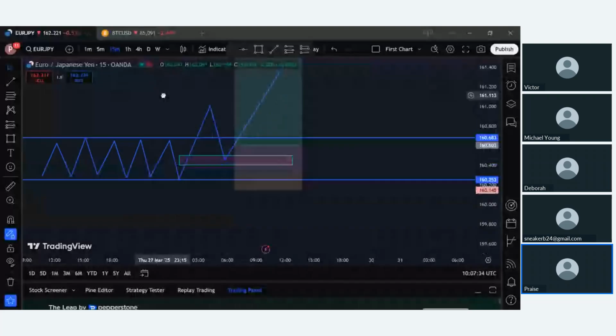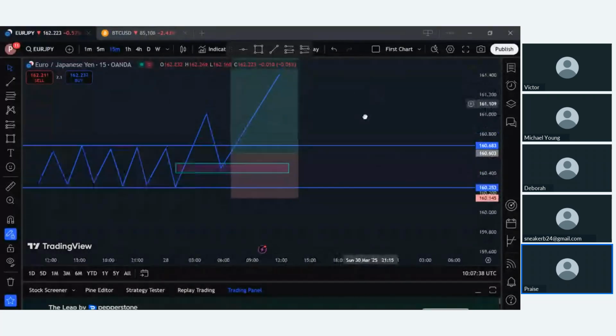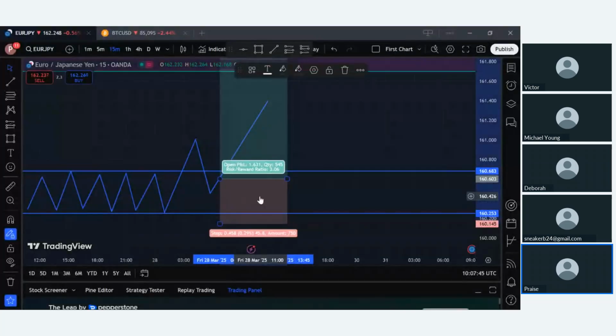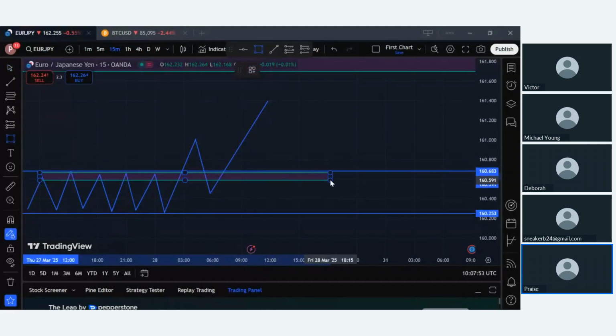You wait for the market to come back to an imbalance that it created before that move. Another scenario, most times the market will not create an imbalance inside. So if the market does not create an imbalance inside the range, you want to mark this point, because this point will become a point of resistance to the market.